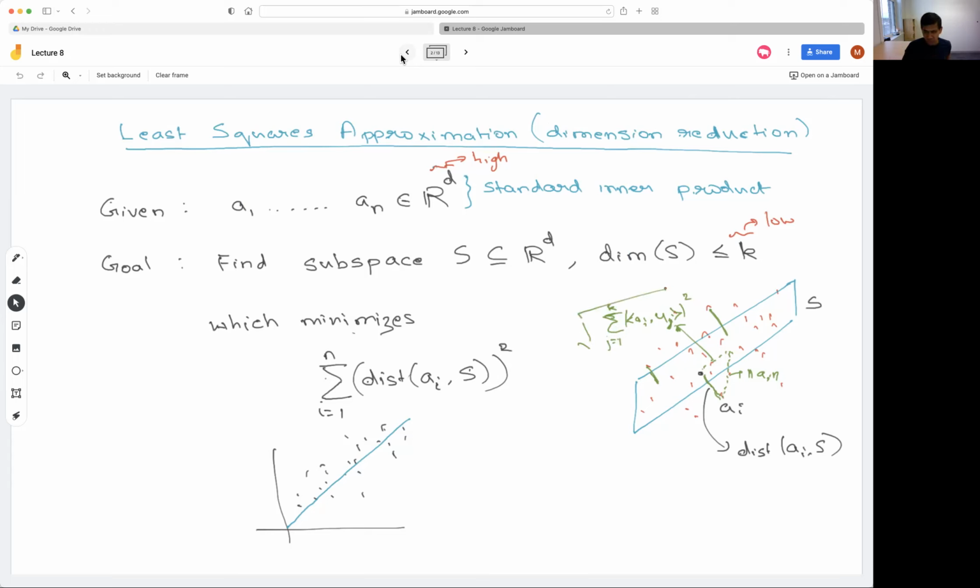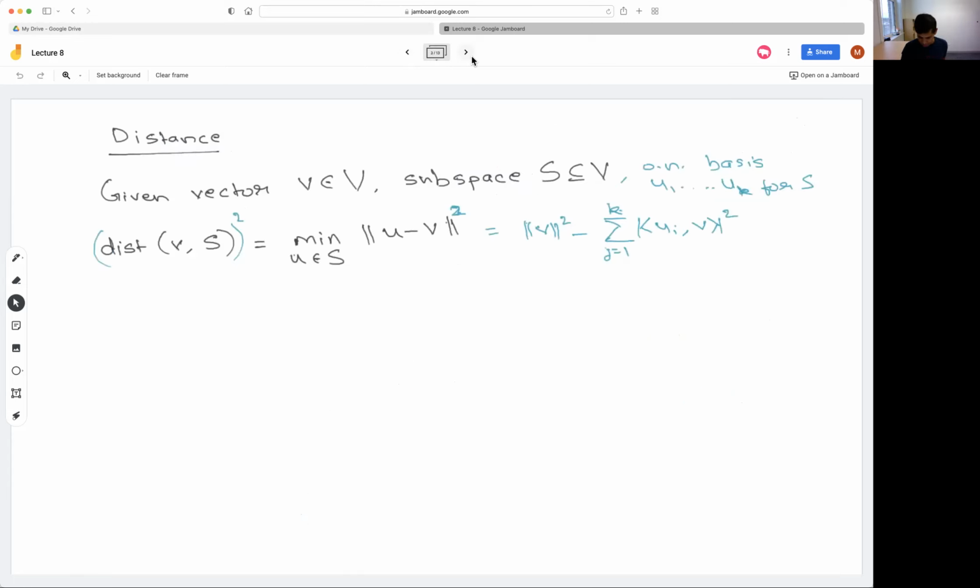So the perpendicular component squared is equal to the total length minus the parallel component squared, if you want. But again, geometry can be difficult to think about, especially in high-dimensional spaces. So this is just a clean formula for computing it if you know a basis.